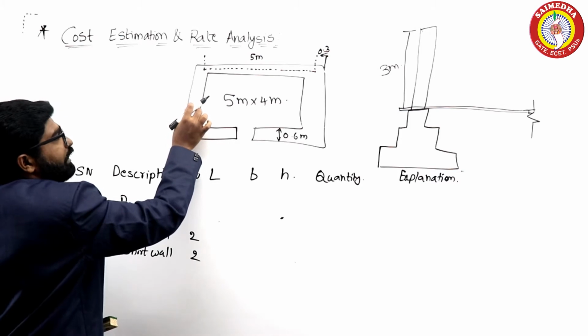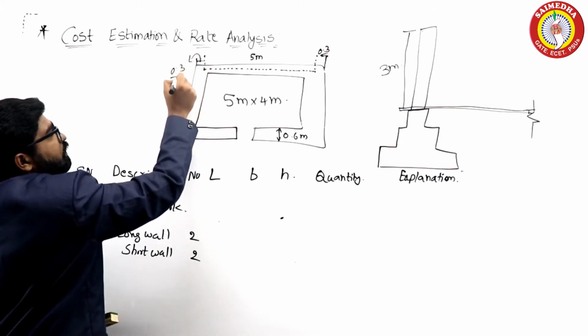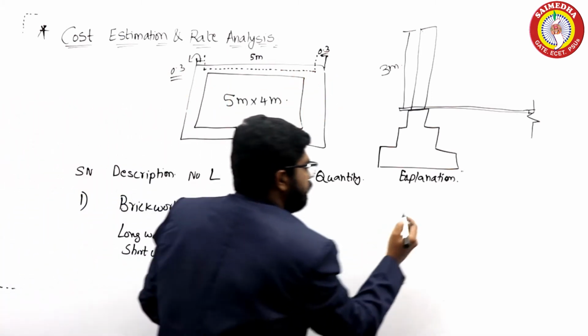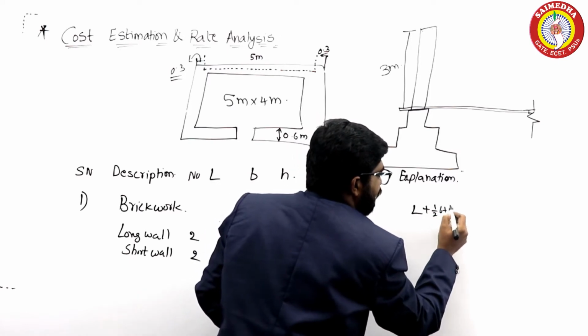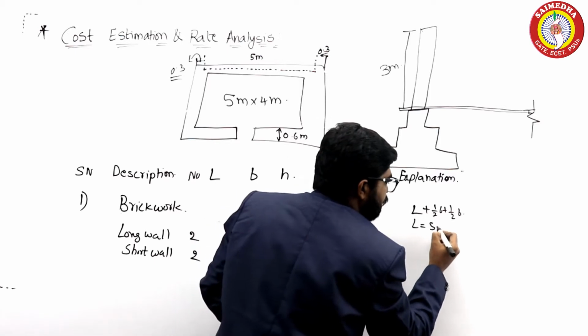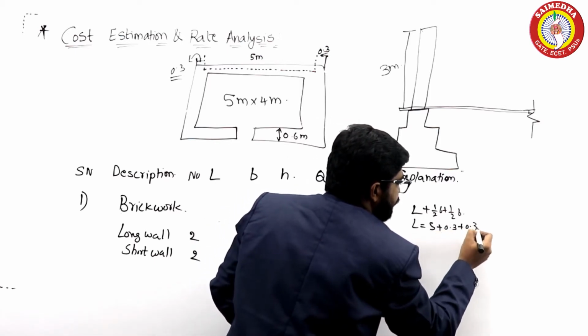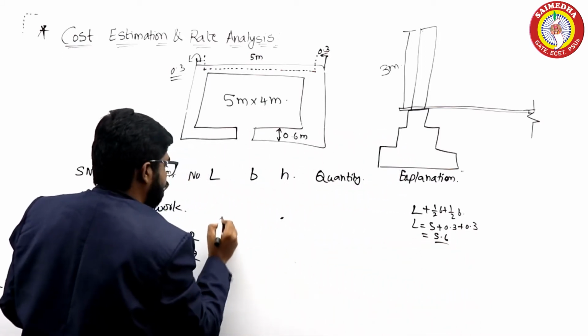And here also total is 0.6, so half of it is 0.3. So the total length of wall is L plus half B plus half B, which is equal to 5 plus 0.3 plus 0.3, which is equal to 5.6. So your length is 5.6 here.